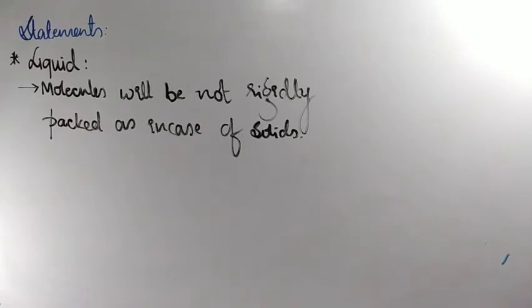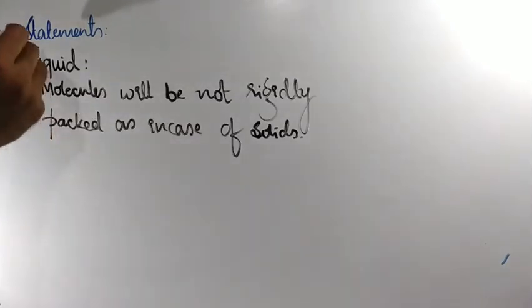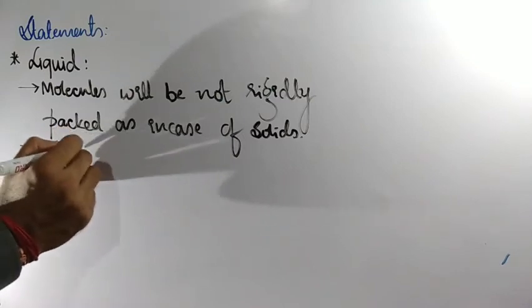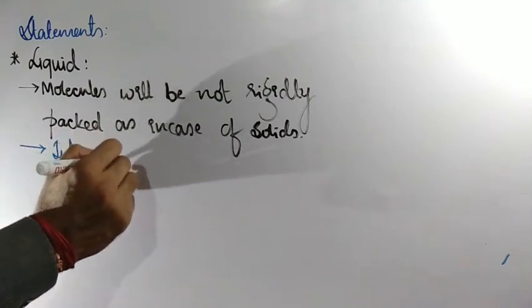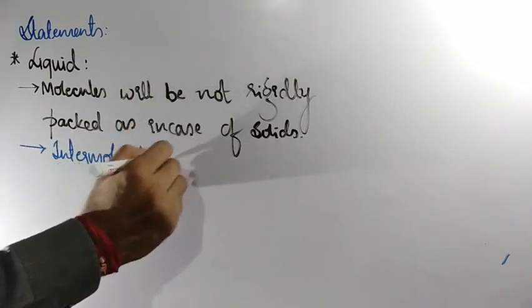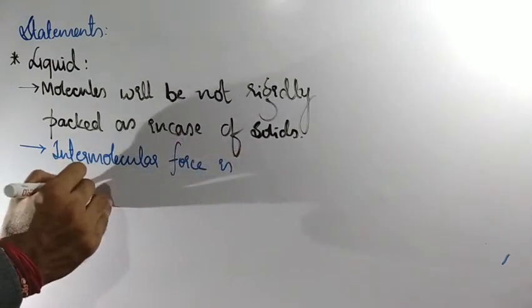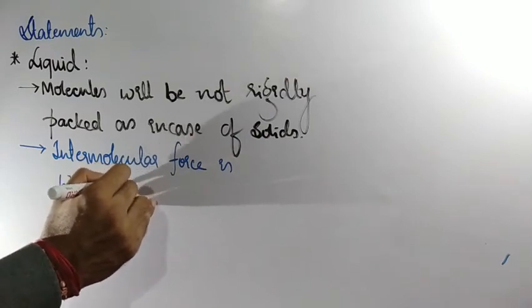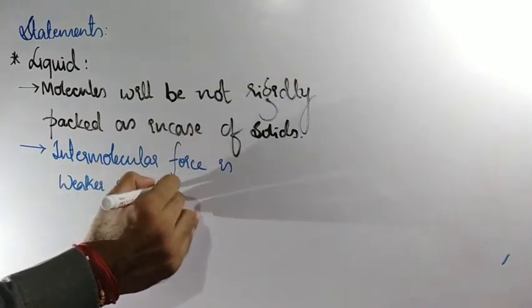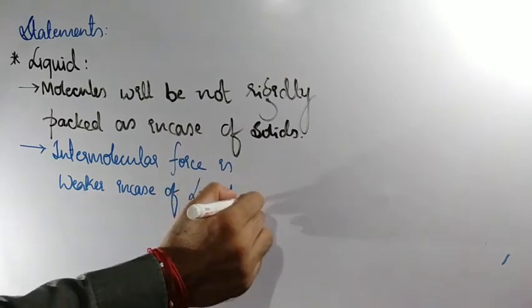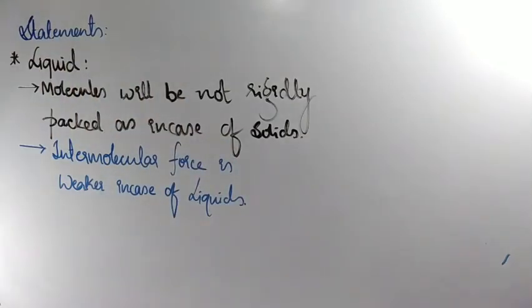Next, due to this above statement what we had discussed, intermolecular force of attraction is weaker in case of liquids. Clear? Due to this above statement only we had concluded the next statement.